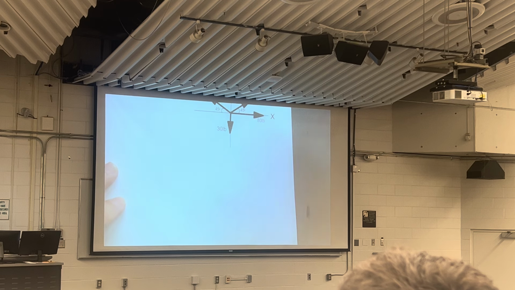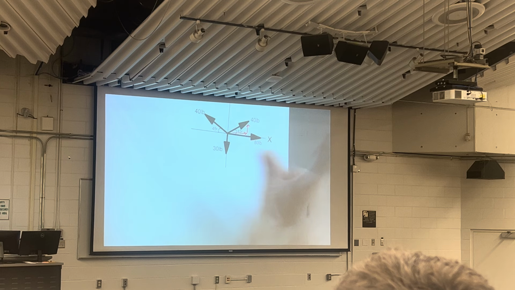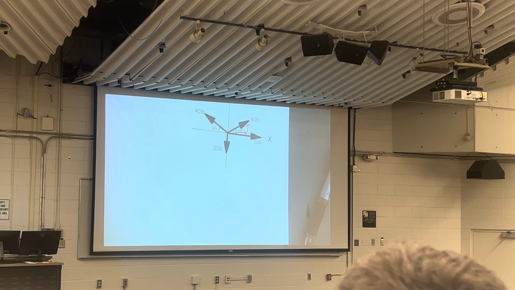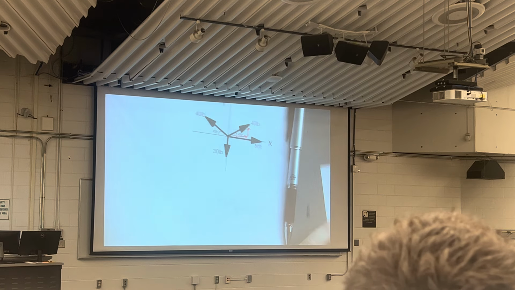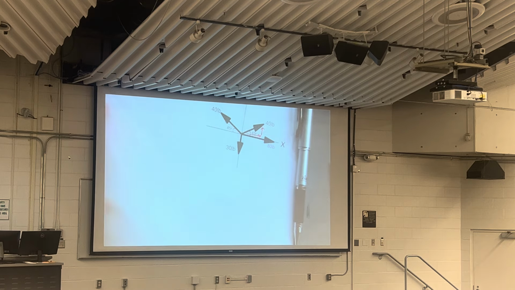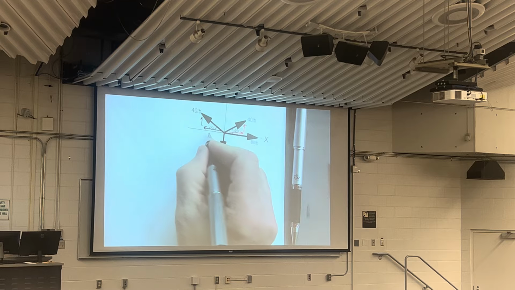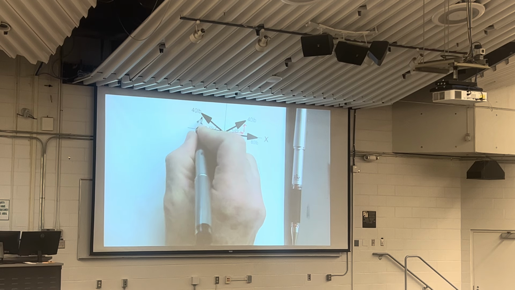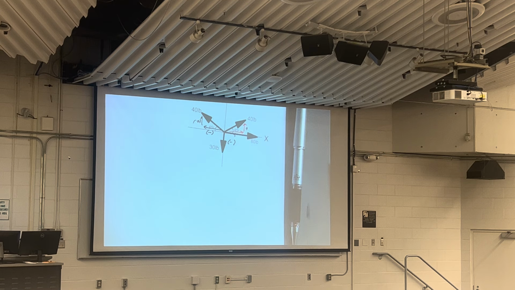So let me go back here. This has an x and a y. This has an x and a y. So this x is negative, that is positive. This is positive, that's negative.